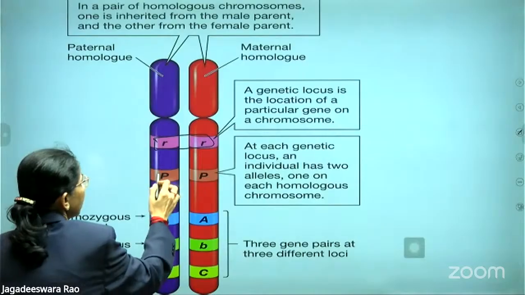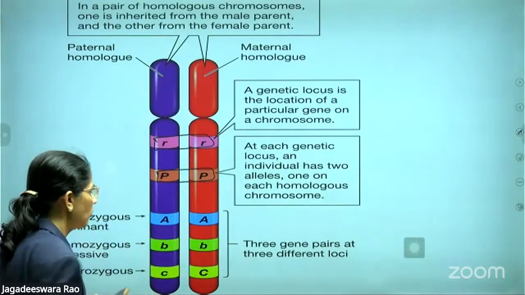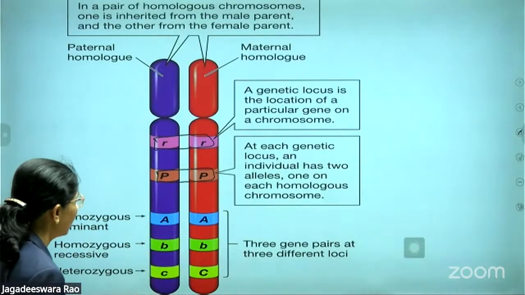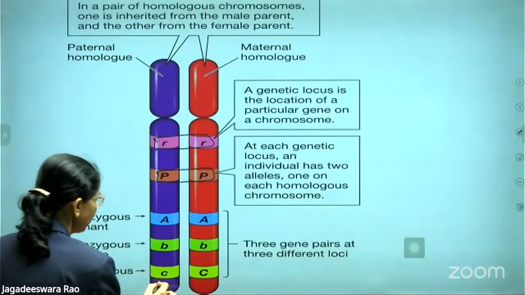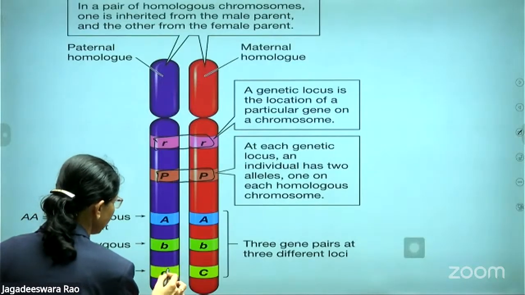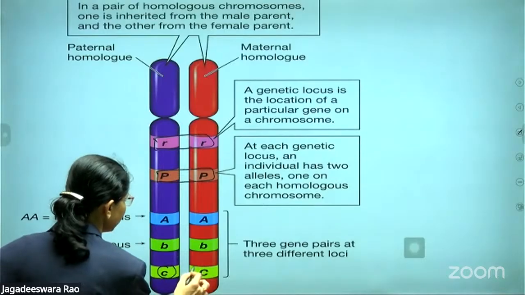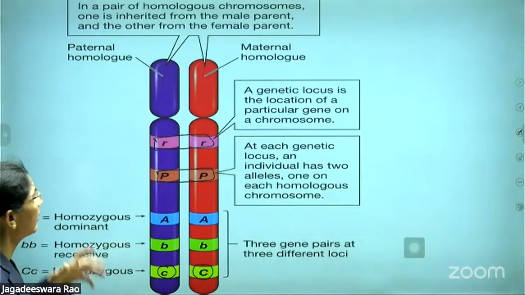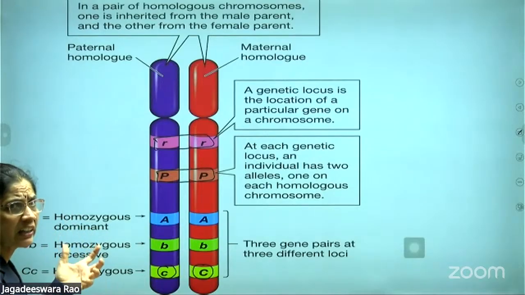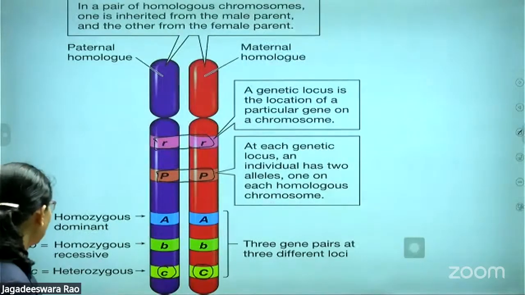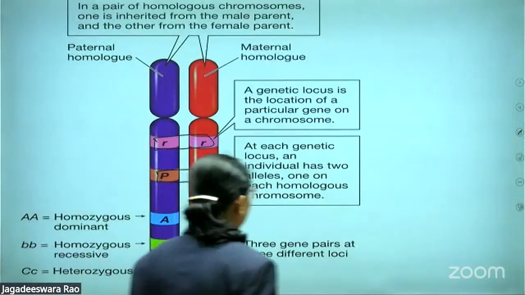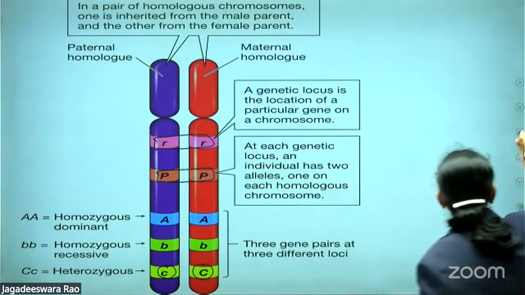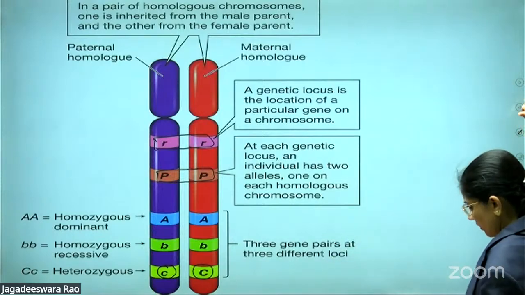Here, both are dominant, again homozygous condition. Now, if you observe here, one is capital C, another one is small c. So there are different types of variations present between the homologous chromosomes also that you need to remember. Heterozygous condition is also possible, homozygous condition also possible.